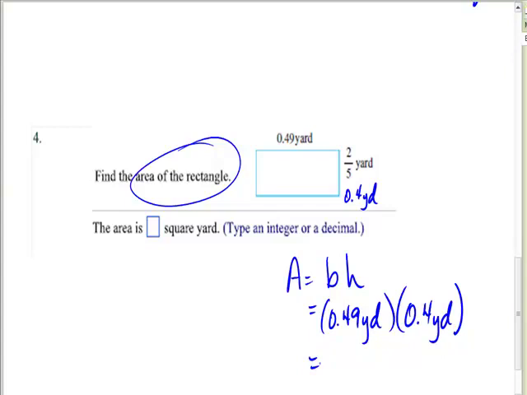So I can do that on my calculator, and I get 0.196 square yards. So it is just a piece of a square yard would be this area.